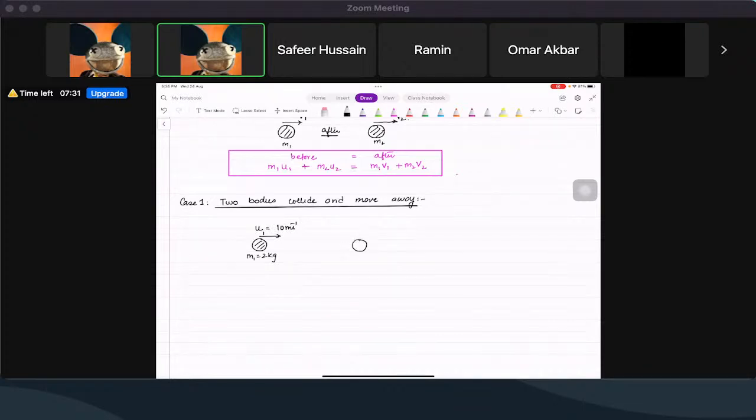There is another body m2 which is 5 kg, and it is going here with u2 equal to 20 meters per second.